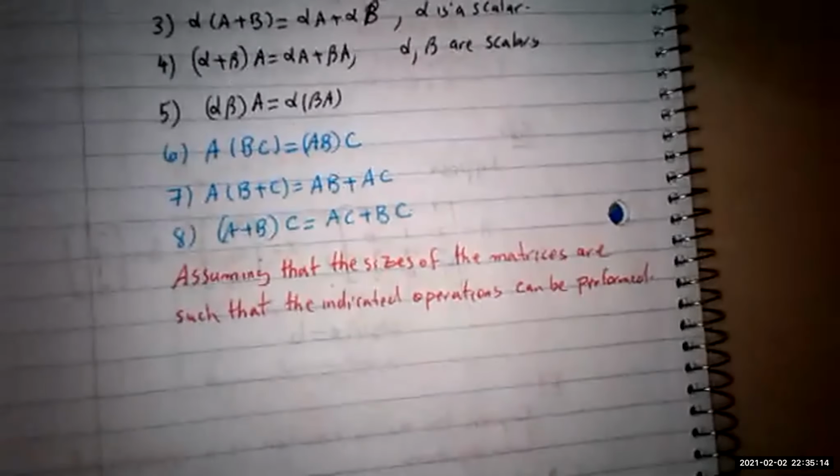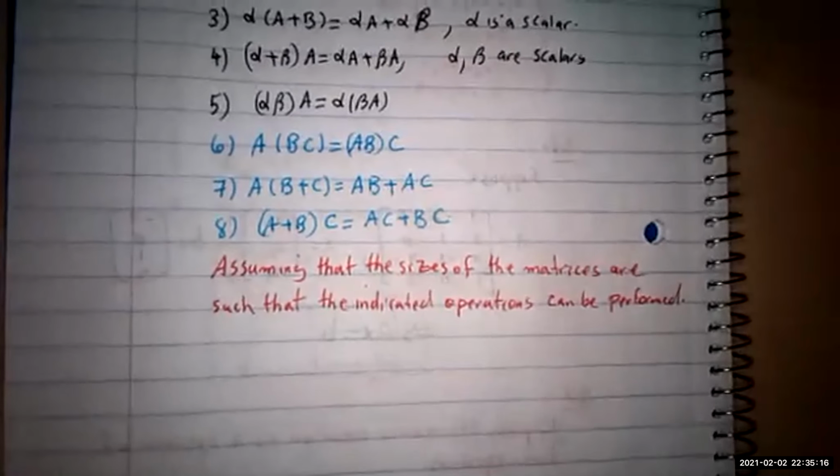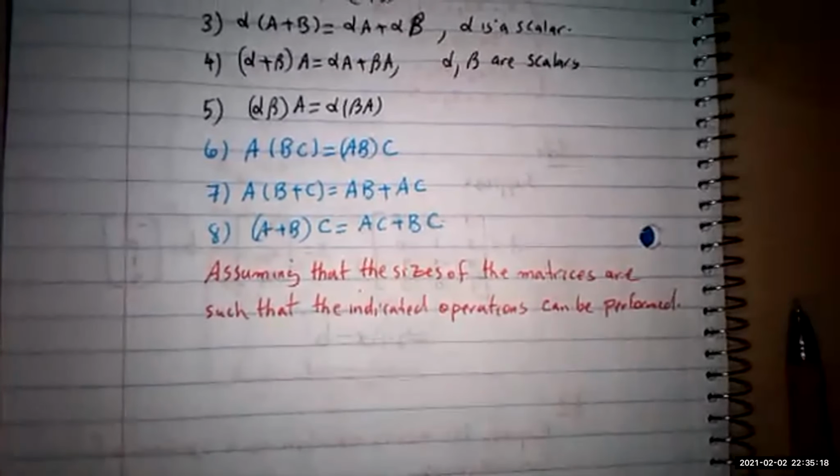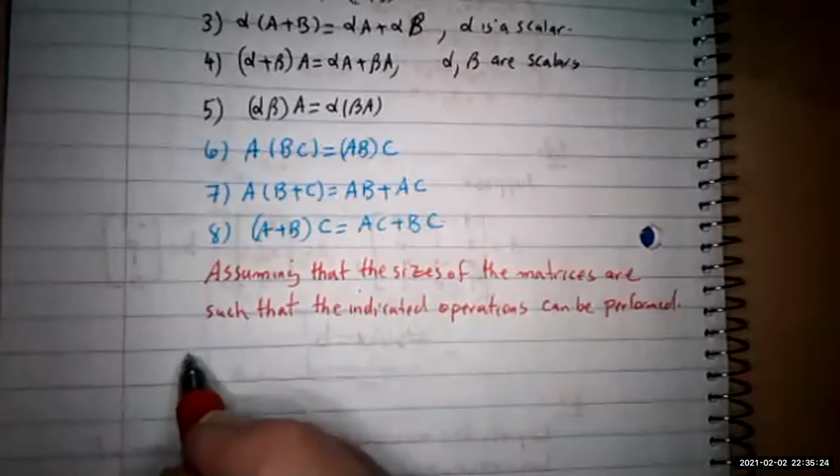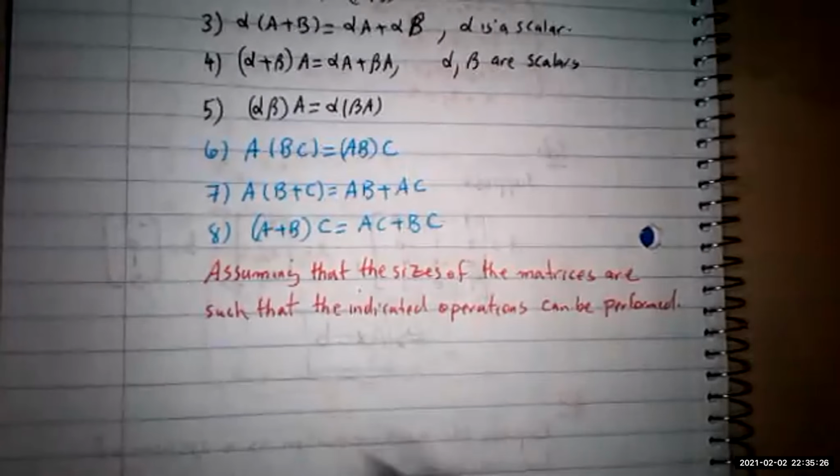What else? When you talk about addition, you would like to talk about the opposite of a number. So we need something we call zero. So where is going to be the zero matrix? What is zero?